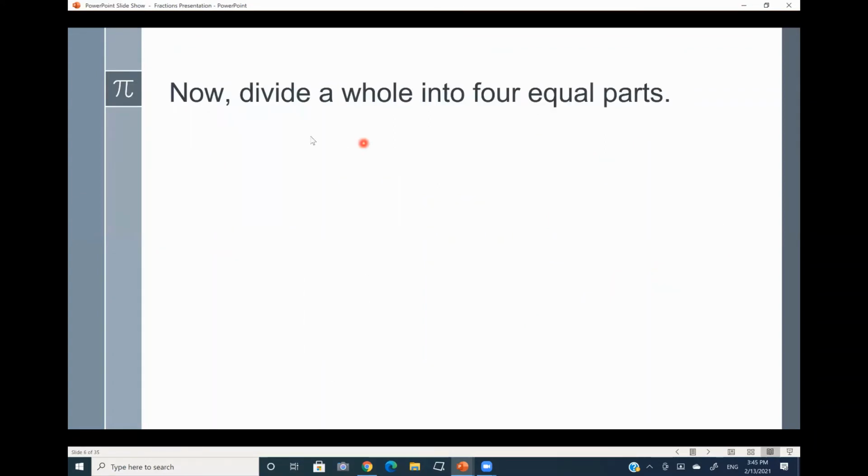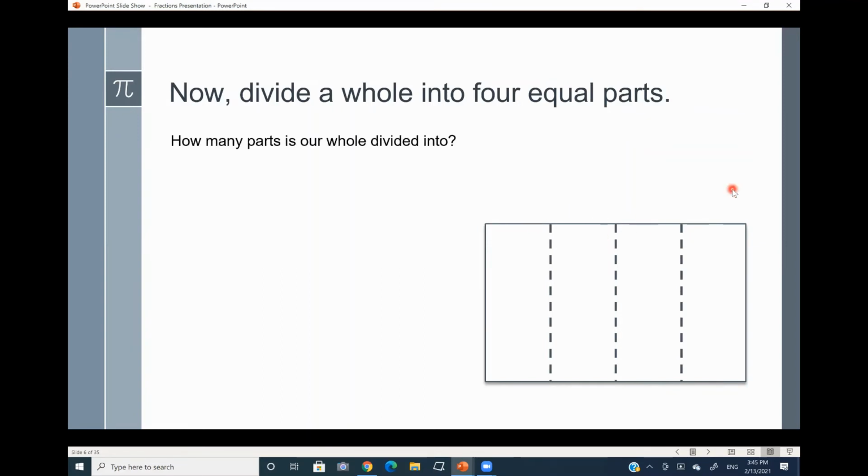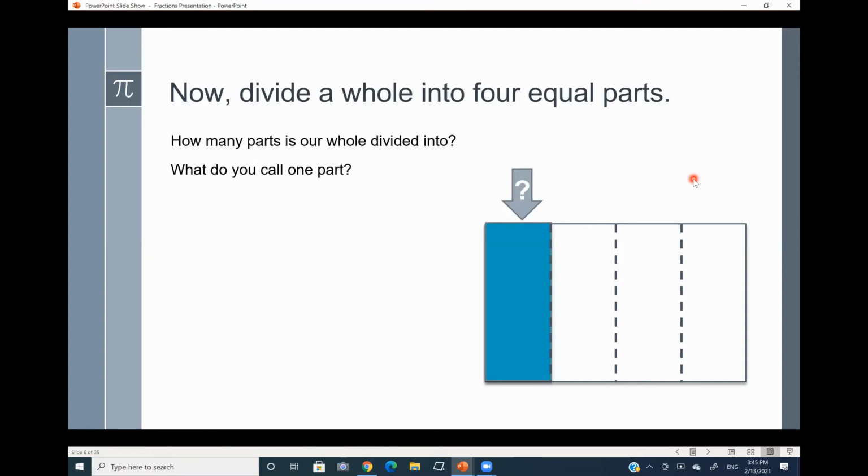Now let's divide the same whole into 4 equal parts. Now remember, to be a fraction, all of the parts have to have the same size. How many parts is our whole divided into? Into 4 parts. 1, 2, 3, and 4 parts. And how do we call each part?